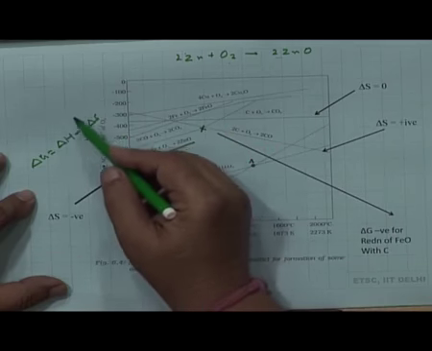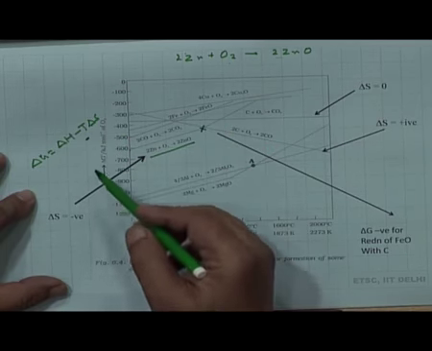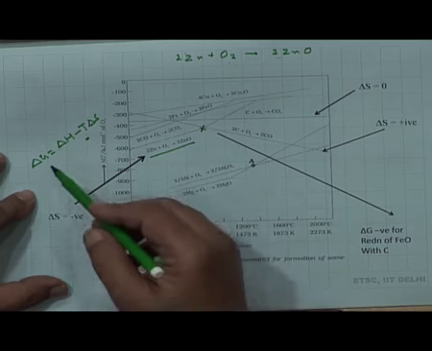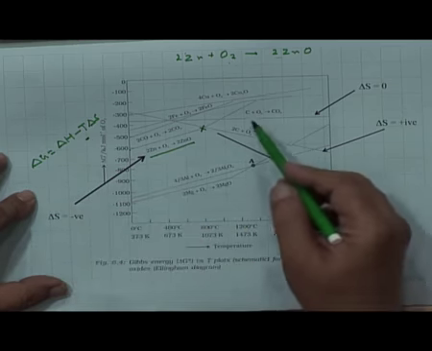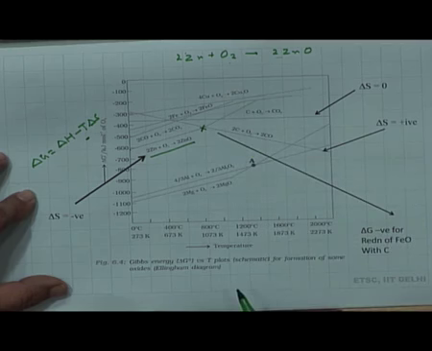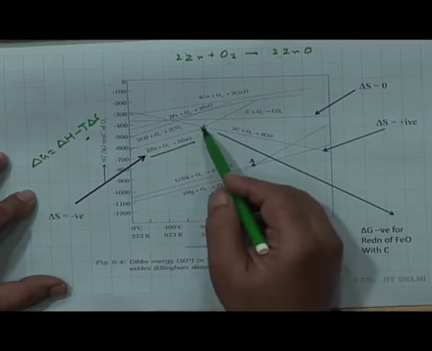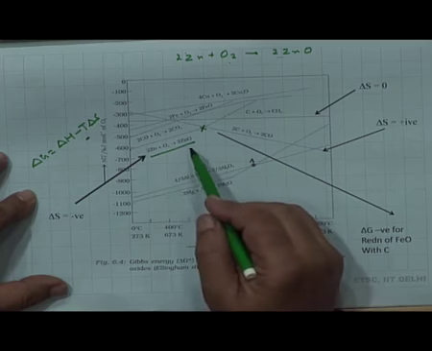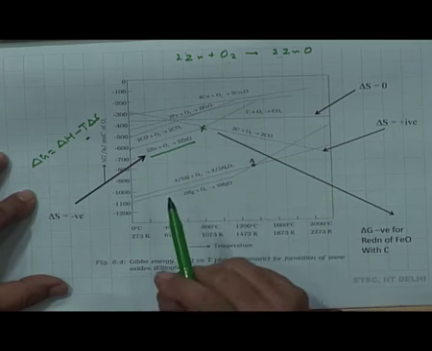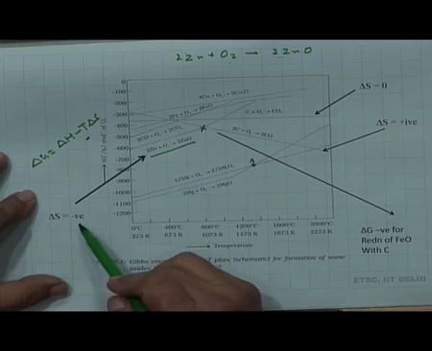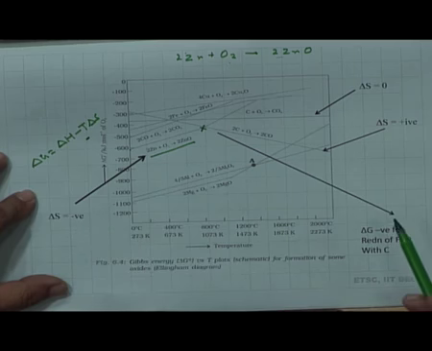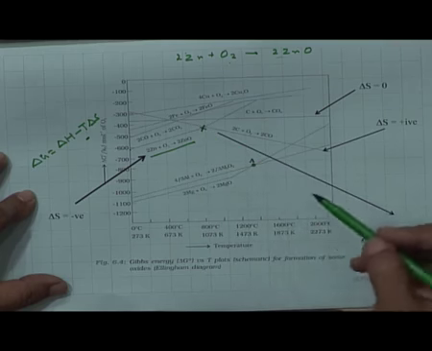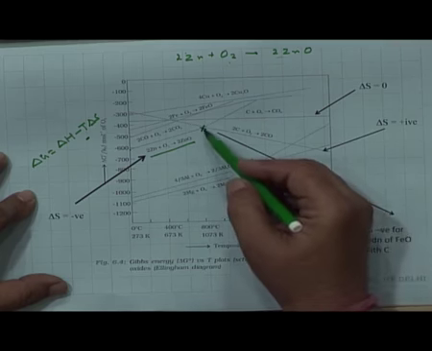So, this factor T into delta S is neutralizing in this exothermic reaction and decreasing delta G more. If at this point suppose the zinc oxide melts, what will happen?